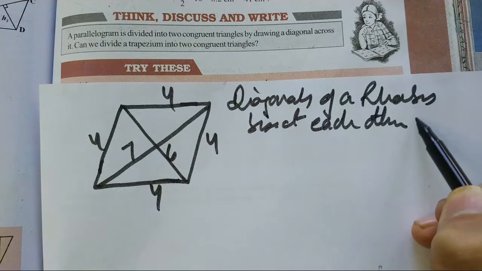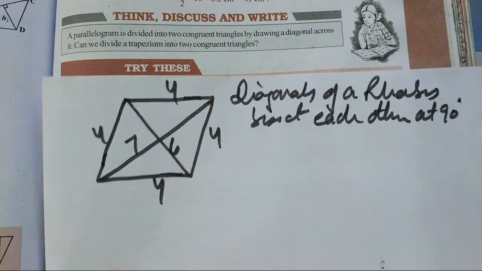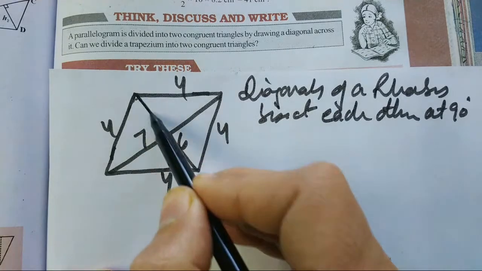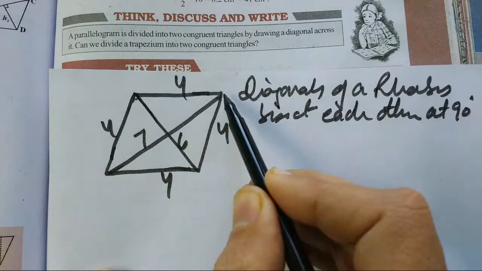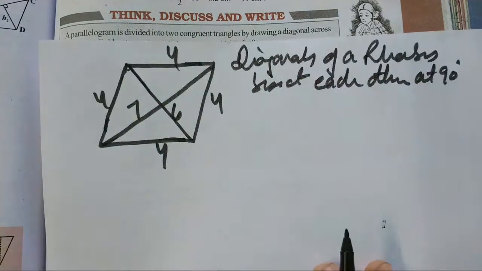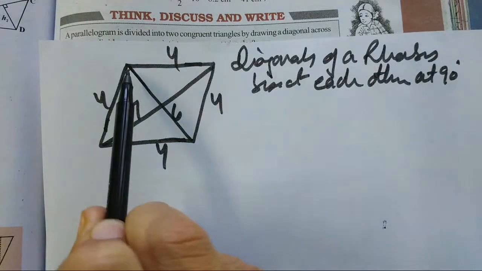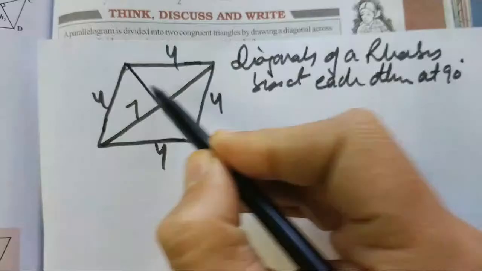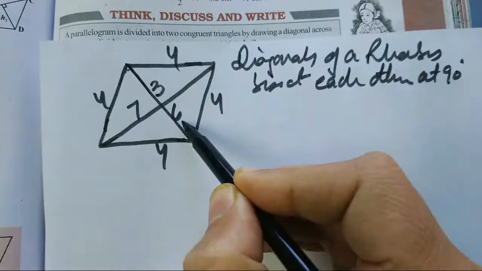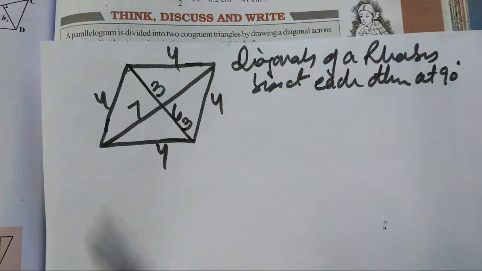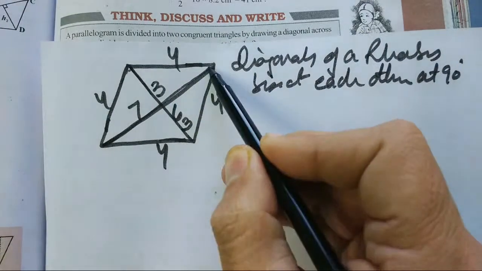This is a property. So this will become one diagonal, this will become the second diagonal, and both the diagonals are bisected. Bisected means 6 is the total length given. This full length is given as 6. So this will become 3, this will become 3, and this will become 7.